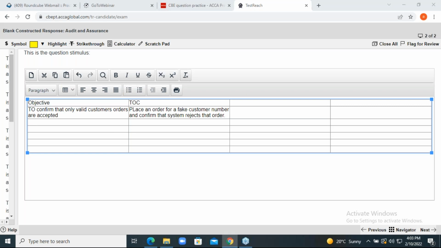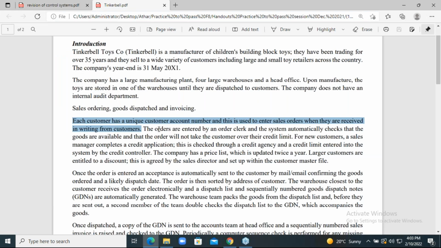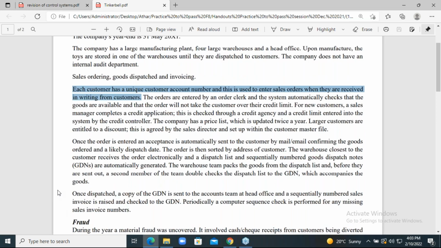Now, if we go back to our next line and read that the orders are entered by an order clerk and the system automatically checks that goods are available and that the order will not take the customer over their limit.